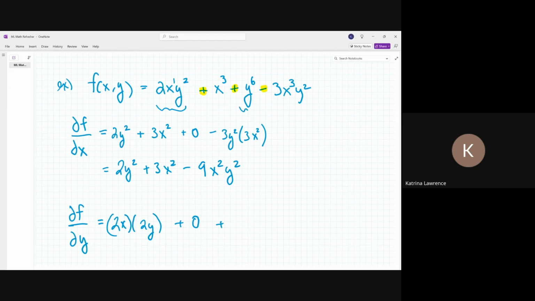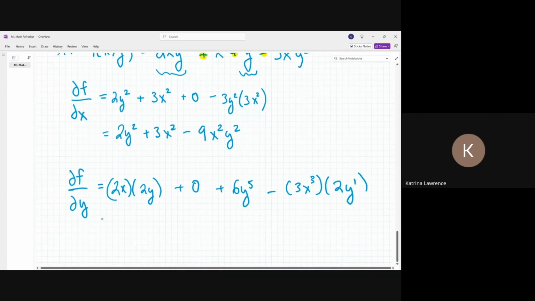For our third term over here, we're following the power rule, so we've got 6y to the power of 5. And then lastly over here, again, x is a constant using power rule for y. So we'll just leave our coefficients, and then using power rule for y, we get 2y to the power of 1.